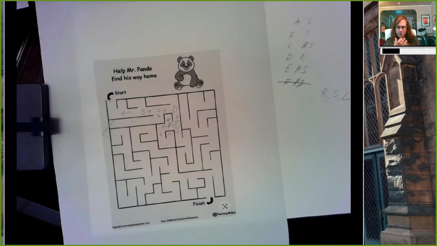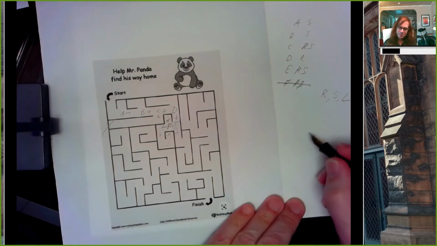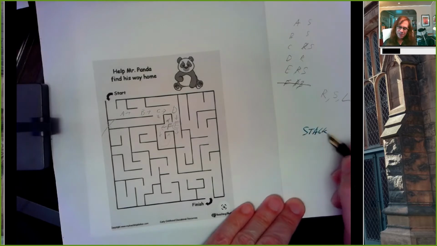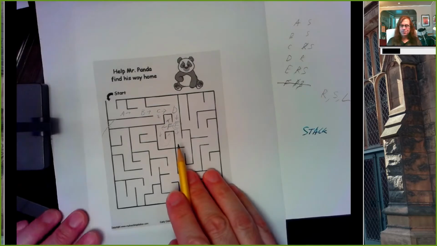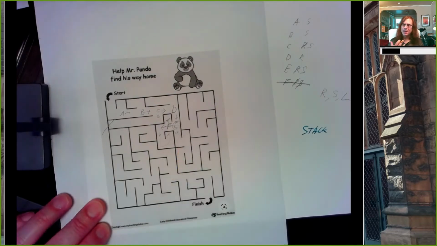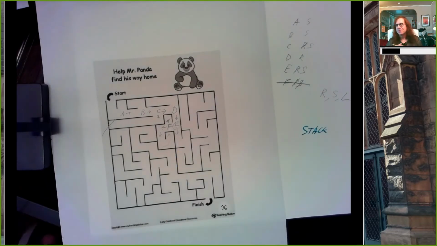So the way we're doing this, does this feel like a stack or a queue? If you had to pick one or the other. Definitely a stack. It feels stack-based because when we have to go back to a prior decision, we're going back to the last decision that we made.